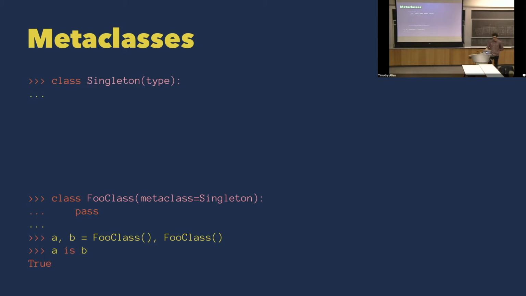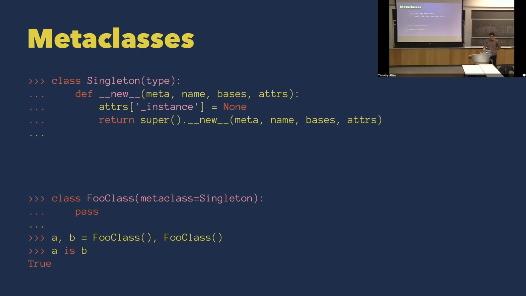We'll override new. In the same way that we did before, we're going to have a variable which holds the instance, but this time we need to set it on the attributes dict for our new class. And we'll return the instantiation of that class. So you see how I stuck that metaclass variable in there.